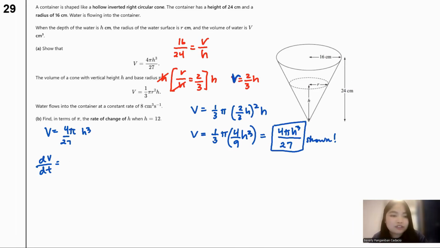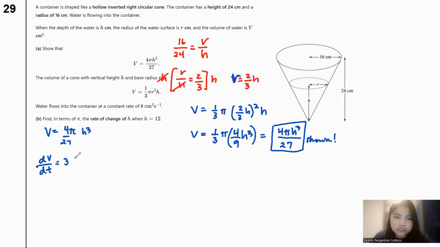Okay, let's get first the dV over dt by deriving that volume of the container. So what you're going to do is just a simple derivative. You know, power rule, in terms of H, this is your variable. So you're going to do 3 times, put that in front, so I will be rewriting it like this.